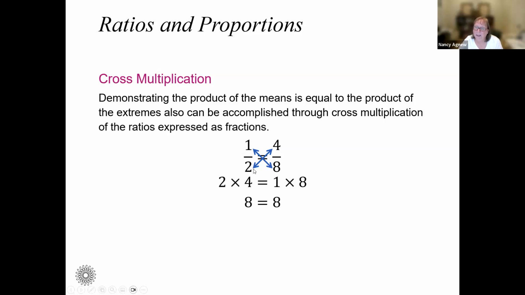So you can see if we cross multiply, taking the denominator over here on the left times the numerator on the right, that's 2 times 4. That's equivalent to 1 times 8. So cross multiplication. So 2 times 4 is 8, 1 times 8 is 8.